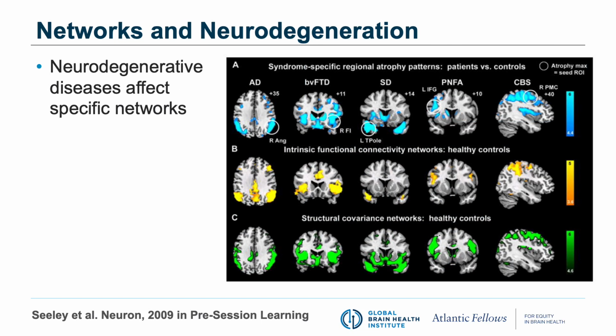Another way that networks have been used is to understand vulnerability to neurodegenerative disease. So, one of the things we've observed over the years is that each neurodegenerative disease is associated with a pattern of specific regions of the brain that, even across different patients, always seem to be reliably involved and that produce a recognizable set of symptoms.